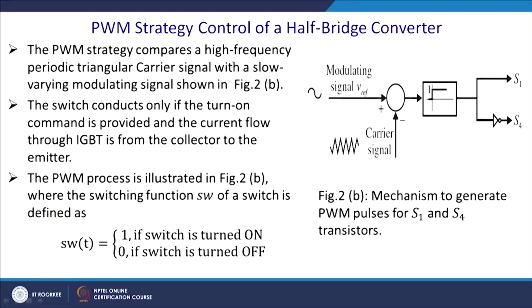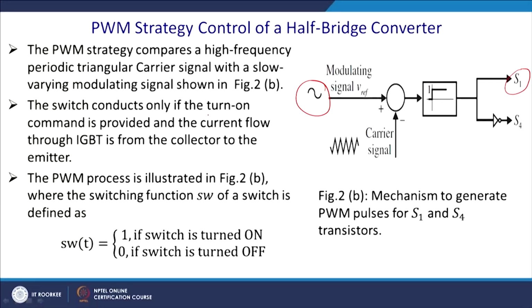The PWM strategy compares a high frequency periodic triangular carrier signal with a slow varying modulating signal, which is around 20 times lower in frequency than the carrier signal, and if it is higher then S1 will be on, and otherwise S4 will be on, very simple thing.